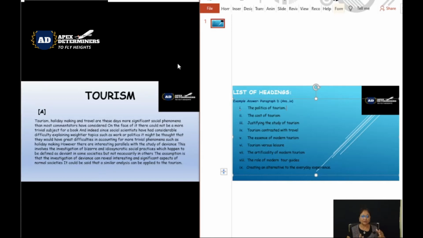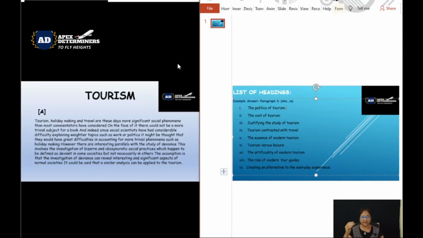Beside that, you can see the questions, which happens to be list of headings. List of headings means you have to choose a heading to match the paragraphs which are given on the left side of your screen. When you choose a heading, it means that that paragraph is related to the heading. Right?